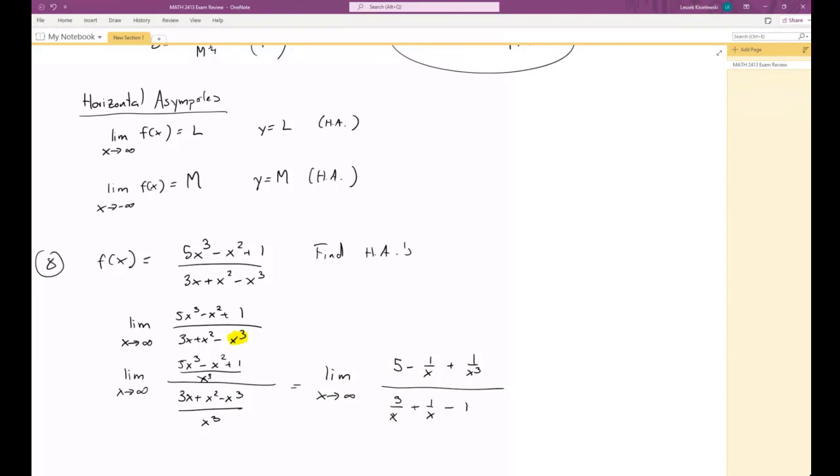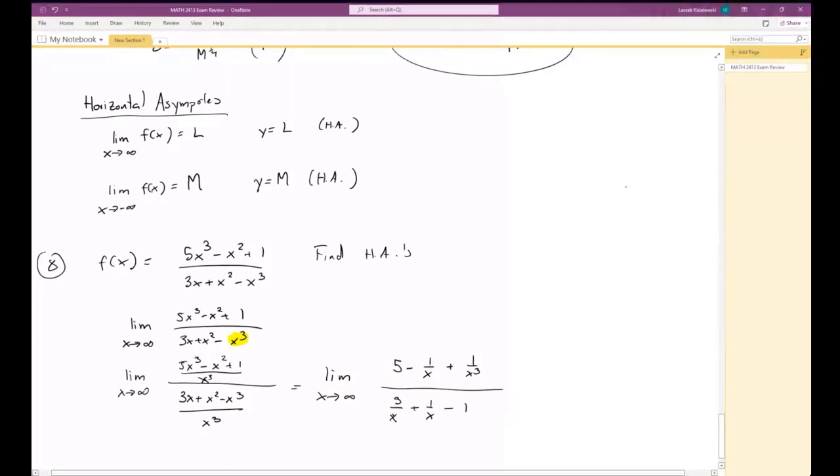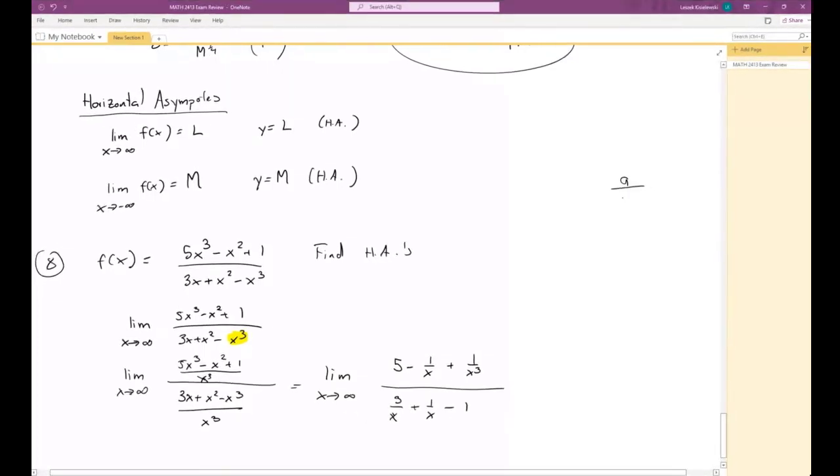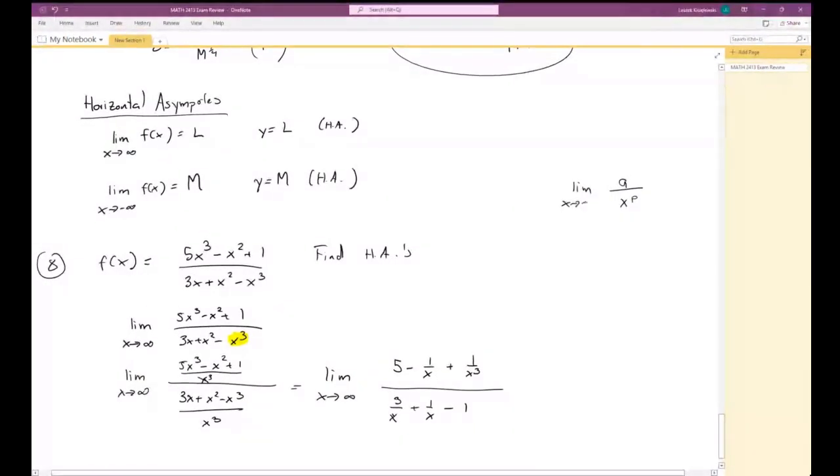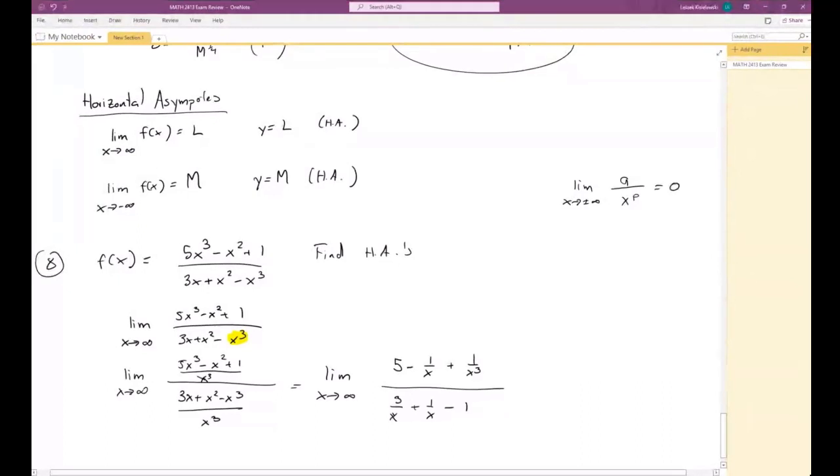And then you'll have some number over something that goes to infinity. If you have a number over some positive power of x, as x goes to plus or minus infinity, you should know that this is 0.